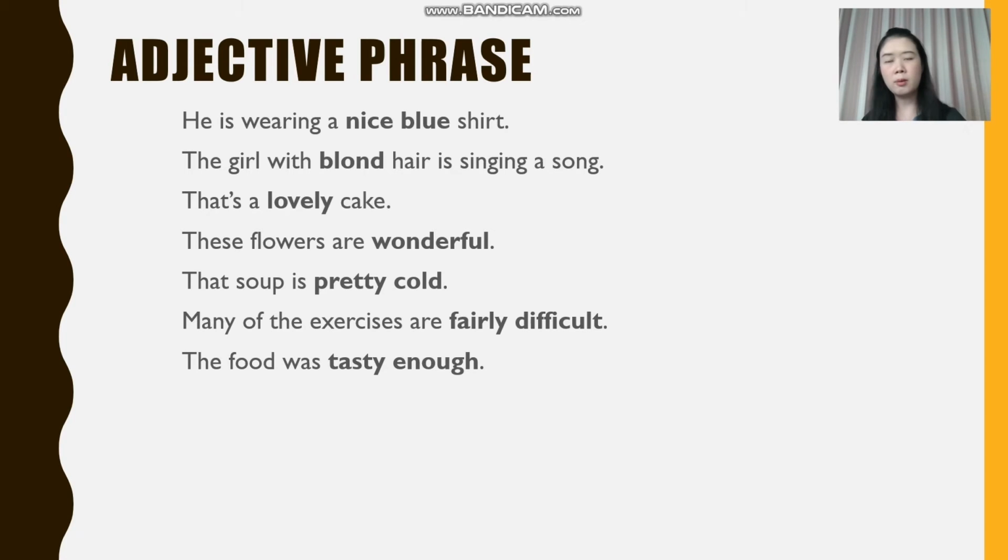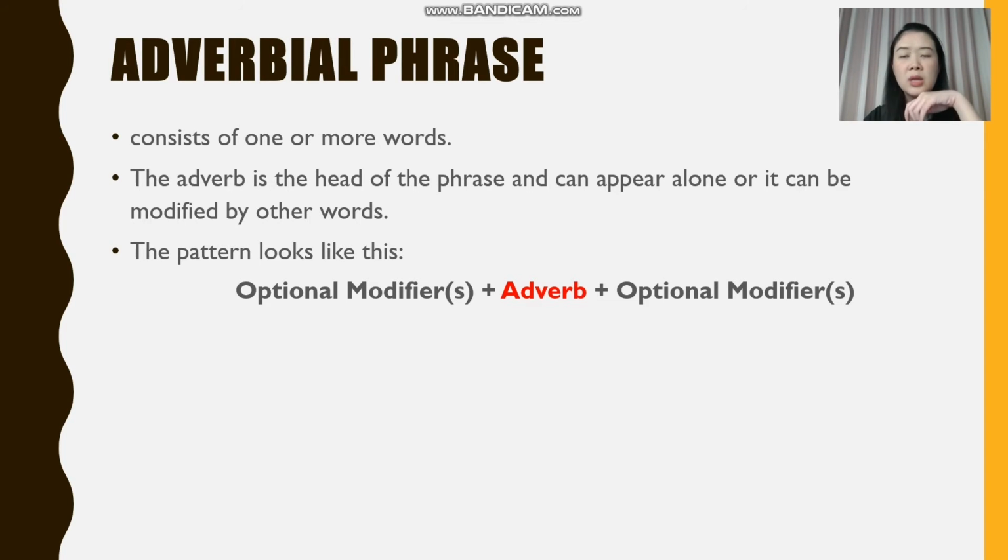Okay, all right, let's move on to the fourth type of phrase. That is called adverbial phrase, or probably you just say adverb phrase, that's fine. They consist of one or more words, exactly like with noun, verb, adjective. The adverb is the head of the phrase and can appear alone, or it can be modified by other words, and the pattern looks like this.